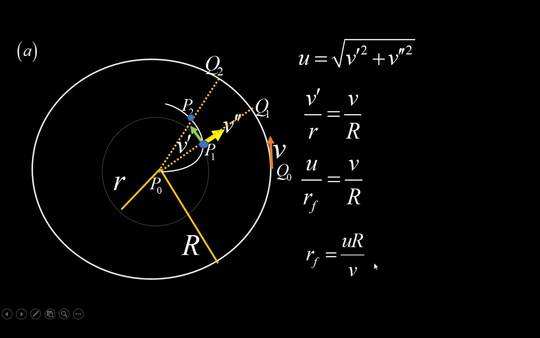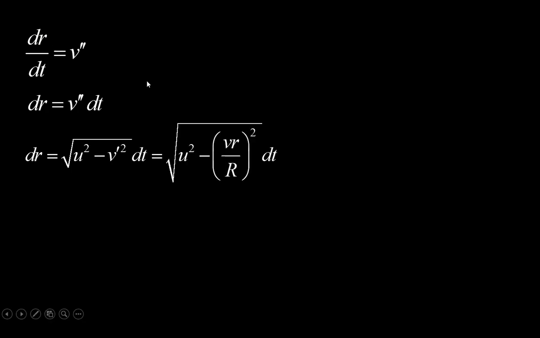So it's equal to this expression, and you can very well see that if u is less than v, then this final radius is less than capital R. Now, if we write dr by dt, which is equal to v double dash, because v double dash is taking it outwards, then just cross multiply and put the value of v double dash as under root u square minus v dash square, and put the value of v dash as well.